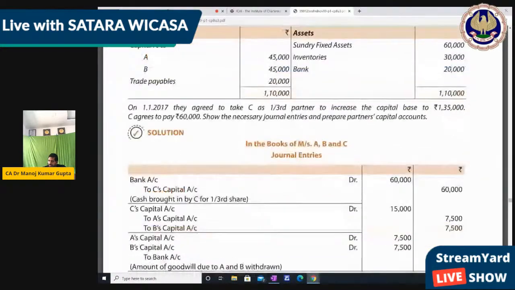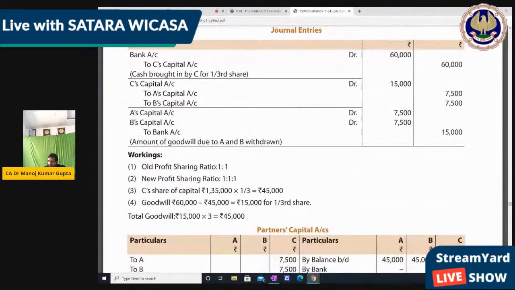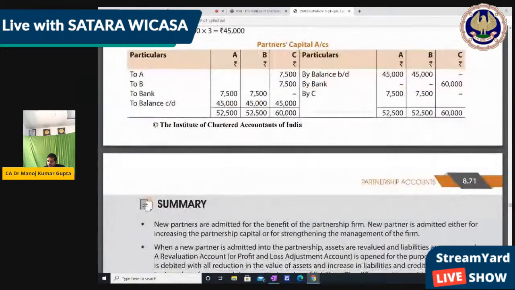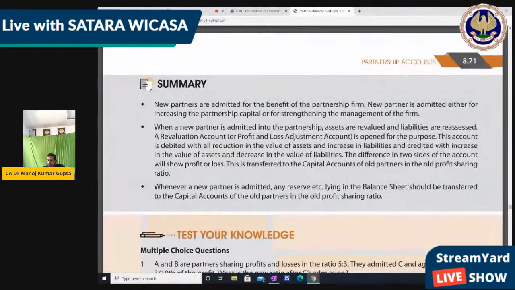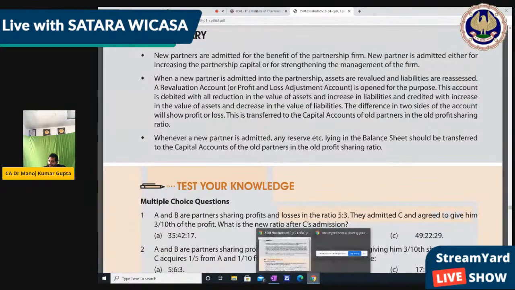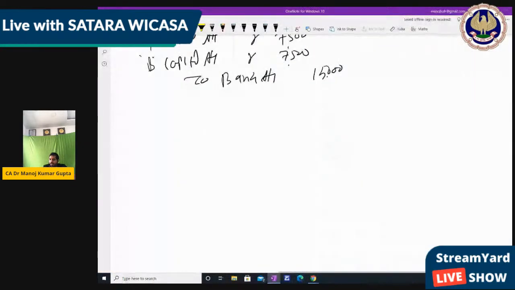Now next. Yes, they had also withdrawn 7,500, 7,500. That's all. So now friends, the test your knowledge questions, you can do on your own. There are MCQs also, multiple choice questions, as well as some practice questions also. Now make the heading, new heading, that is retirement of partner.